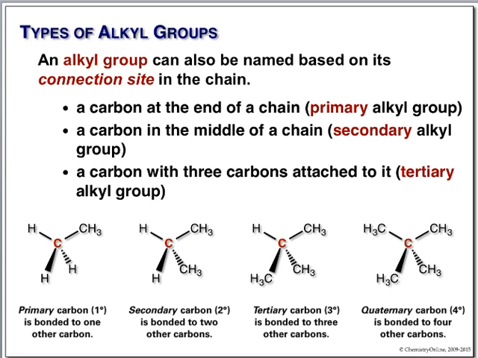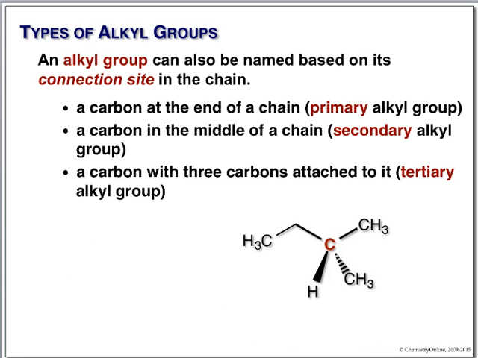Let's just look at an example. Very quickly, take this guy and pick out the primary carbons. Primary carbons, remember, are attached only to one other carbon. Therefore, this is our parent chain here. This is a methyl group. It's primary, and both ends of this are also primary carbons. Secondary carbons.